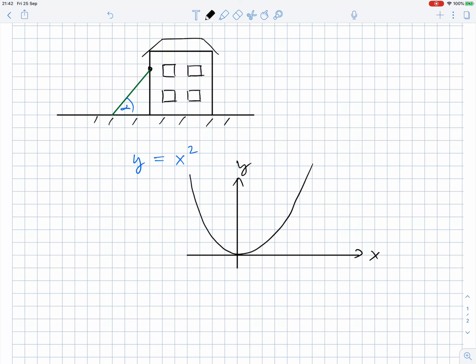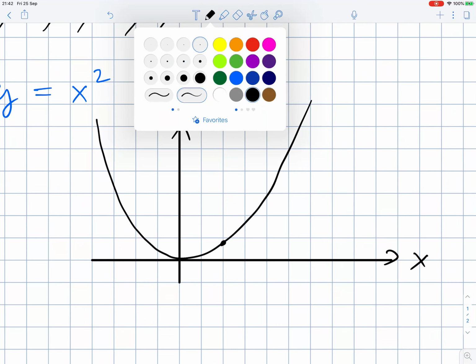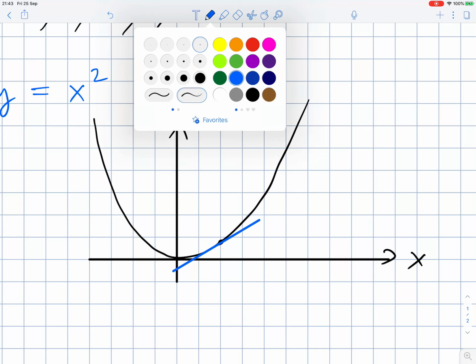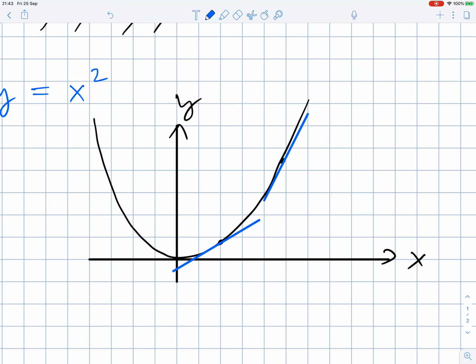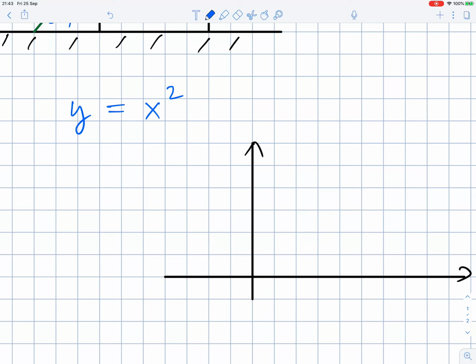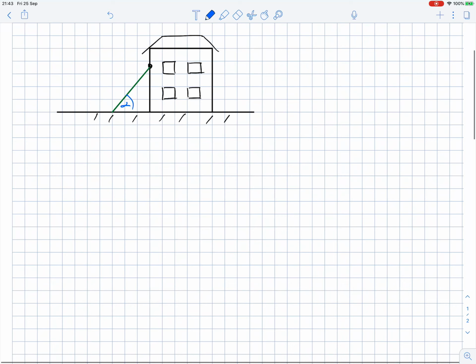As you can see, at this point the slope will be something like this, and at this point the slope will be different, will be bigger. Which means this function is not a linear function because the slope is changing. Because of that, in the first lectures we're going to talk only about linear functions.